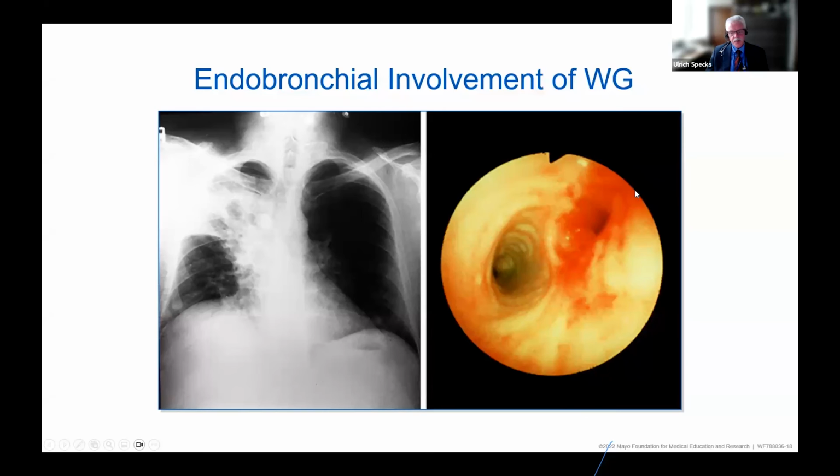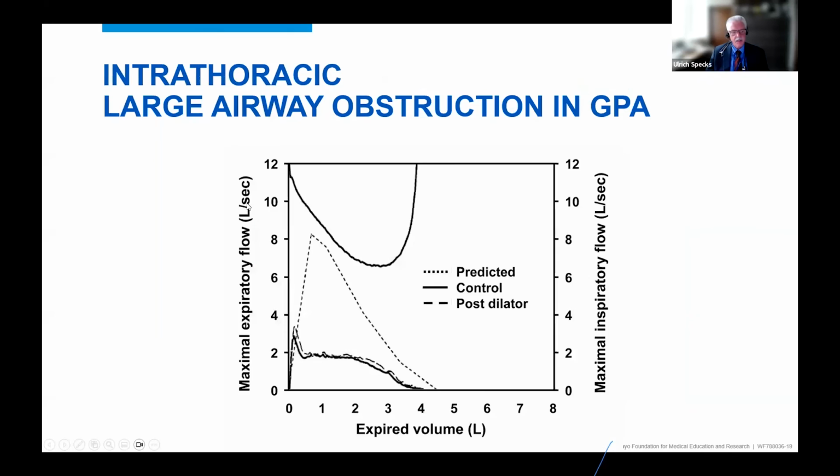And as a result, there is obstruction, and sometimes infections can occur because there is no normal airflow and no normal getting rid of bacteria through these narrowed airways, and this can lead to a so-called post-obstructive pneumonia.